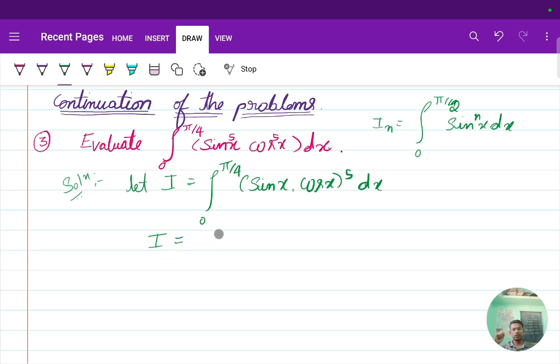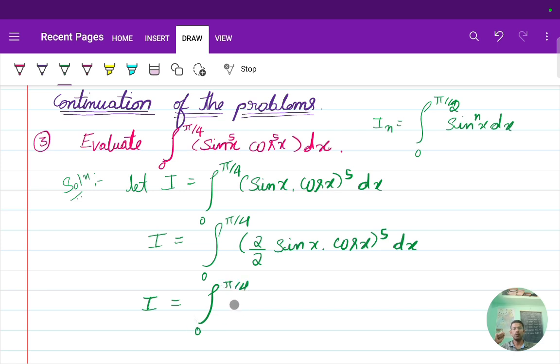I is equals to integration over 0 to pi by 4. I will multiply and divide by 2 sin x into cos x whole power 5 dx. Then I is equals to integration over 0 to pi by 4.